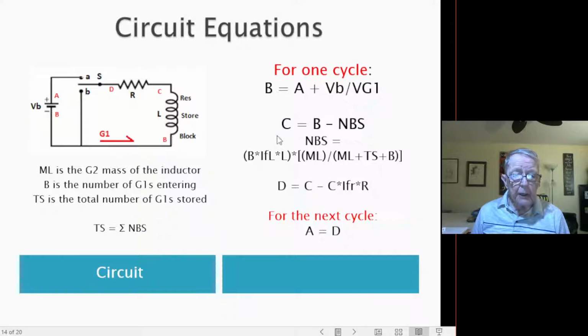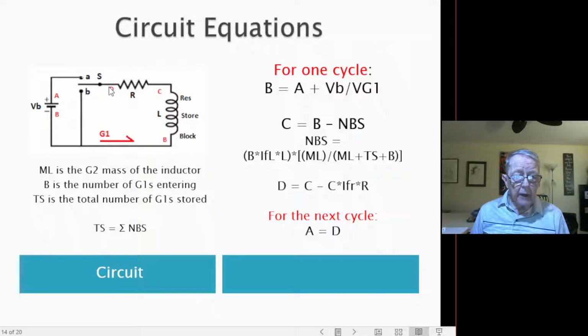B comes in here, into here, and so we're going to calculate what C is. C is B minus the number being stored, and the number being stored is that same long equation I showed you. D is equal to the number going in minus the number lost through the resistor. I showed you this earlier. And so you get D. That's the cycle.